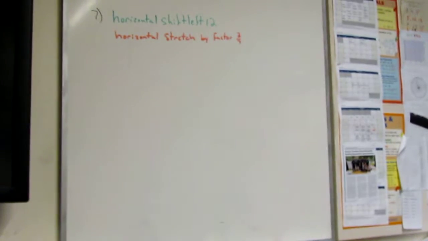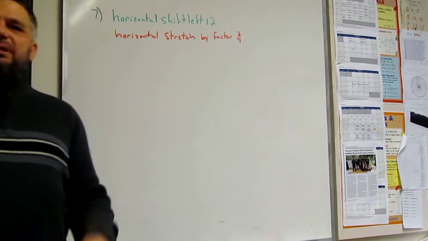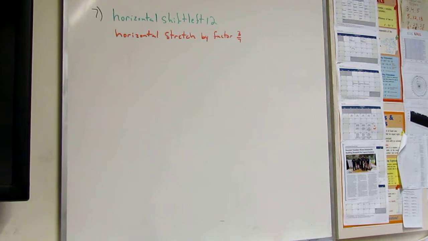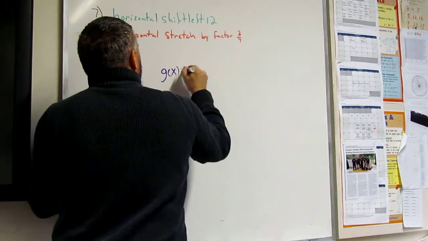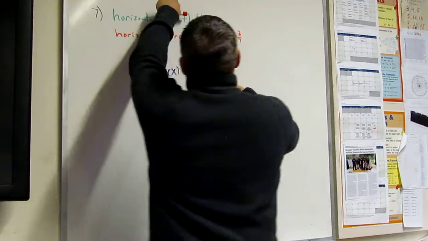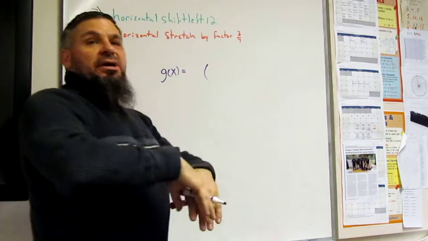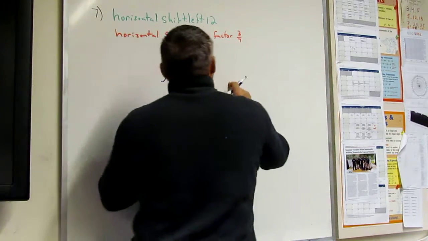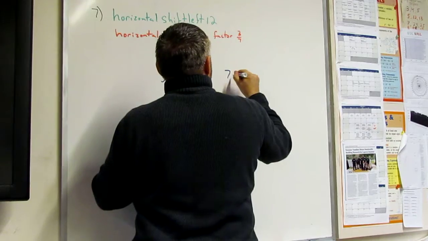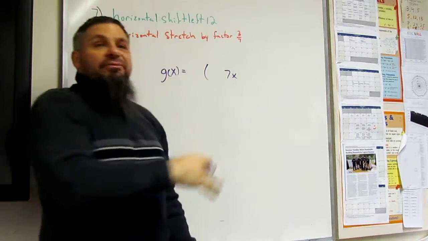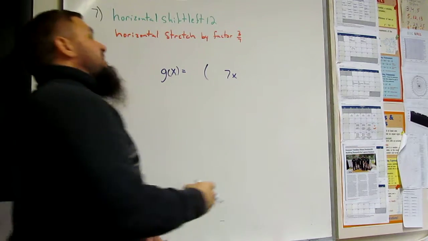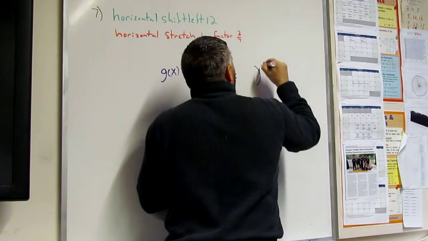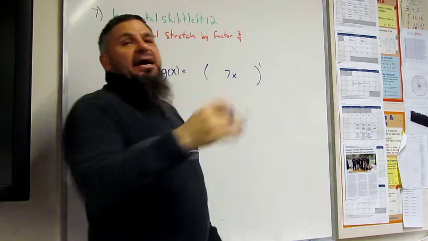Problem number 7. The first step to this problem is setting up the g of x. I need to make g of x equal to space, parentheses, space, 7x, right? 7x, space, parentheses, the 1 is on the x.